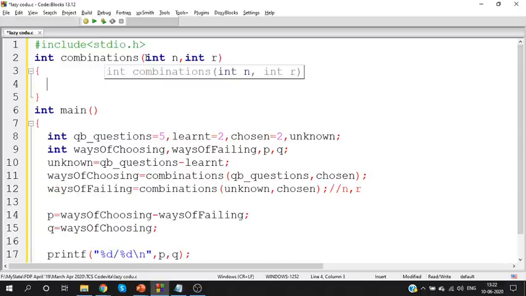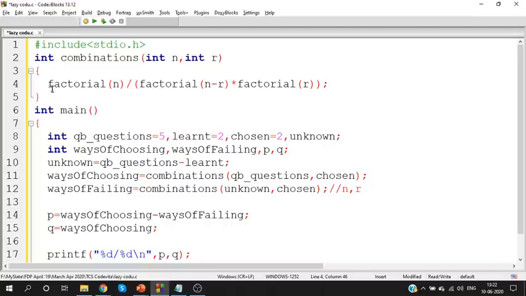What is the formula for combinations? Formula for combinations is n factorial divided by n minus r factorial into r factorial. Right? This is the formula for combinations.